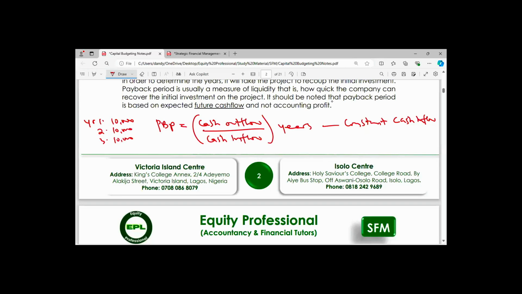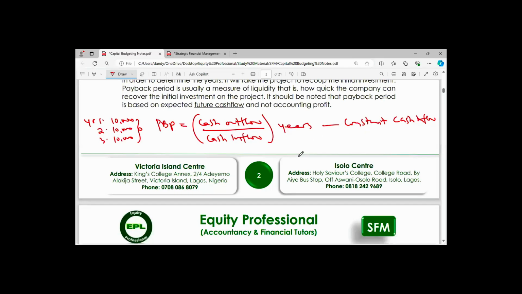So you can see the 10,000 naira is constant for the next 3 years. So instead of using a table to compute your payback period, it's a waste of time. Since you know that your cash inflow is constant, simply use the formula, cash outflow over cash inflow, and you get your answer. Straightforward.